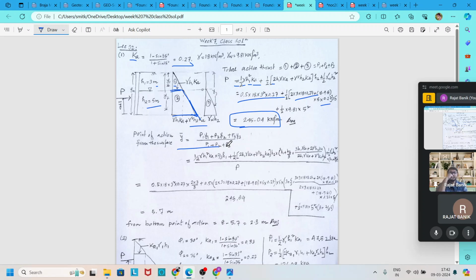So P1 is half gamma H1 square into K, and Y1 from the surface is 2/3 of H1. Then for area 2, we again apply the trapezoidal area, and to find Y2, we use the trapezoidal formula from the surface.